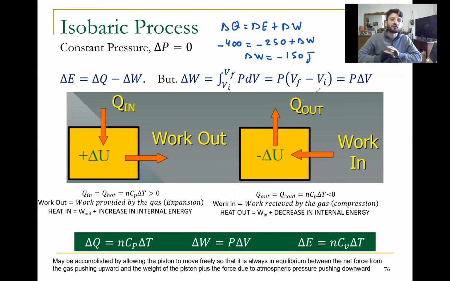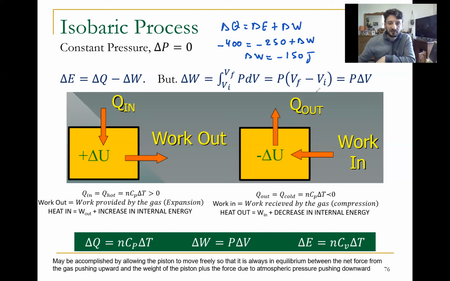So you have to understand very well, in the case of an isobaric process, what you have exactly. If Q is positive, dU is positive, and the volume will increase.